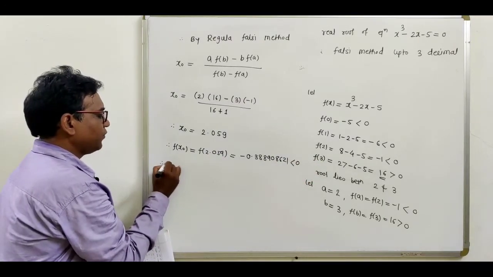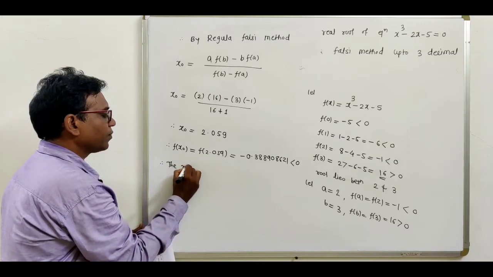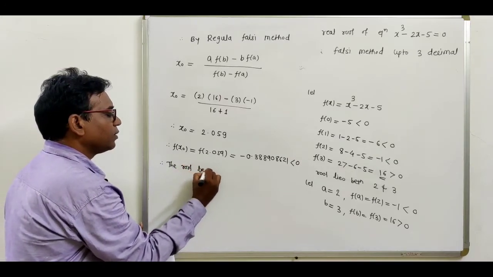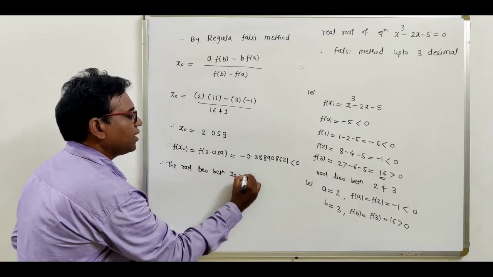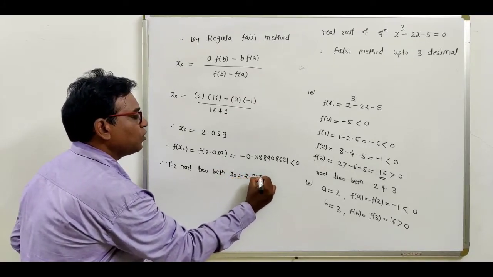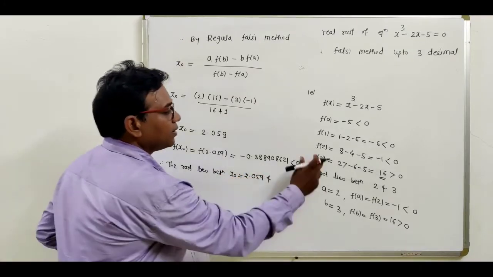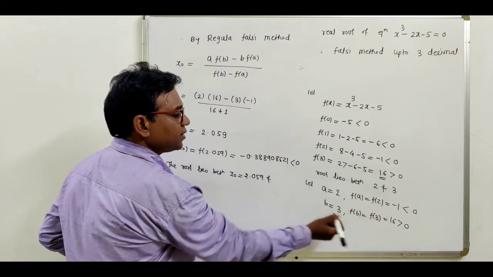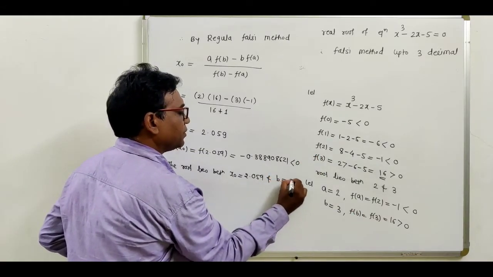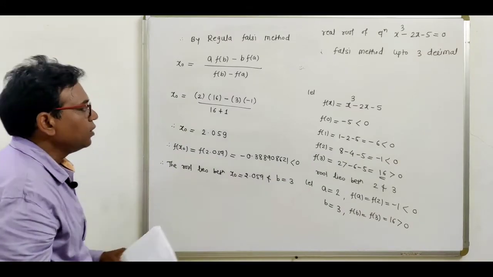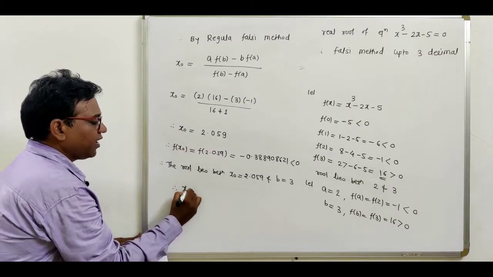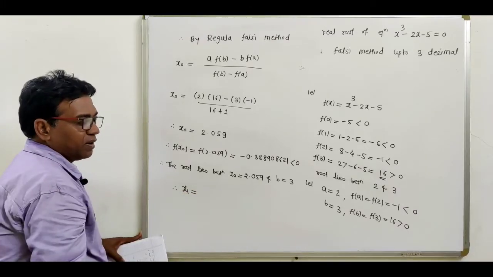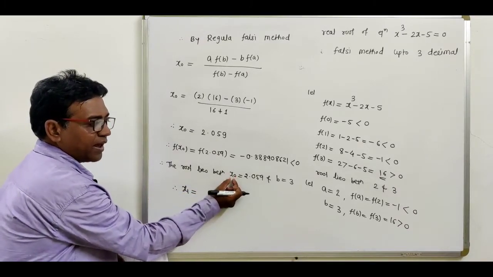So right here, therefore, the root lies between x0 equal to 2.059 and this number 3. 3 means that b is equal to 3. So write down the next formula, which is the next approximate root, x1, in terms of x0 and b.